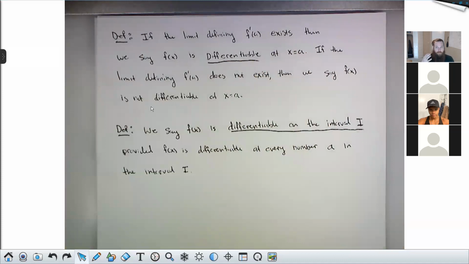And then we'll say f is differentiable, full stop, if it's differentiable everywhere, right? If it's differentiable everywhere on its domain.